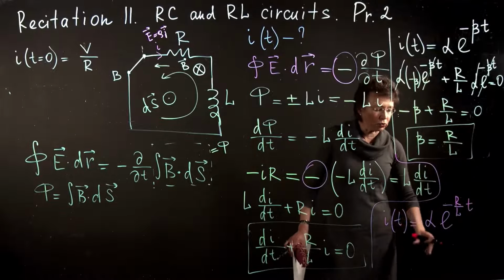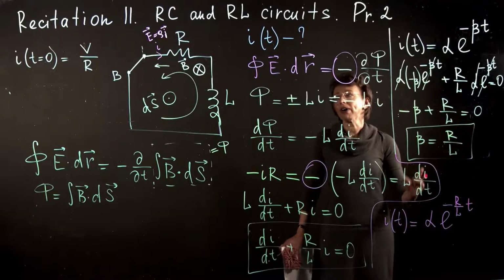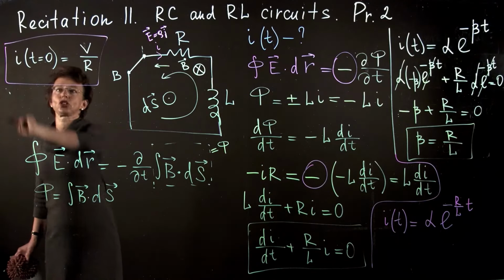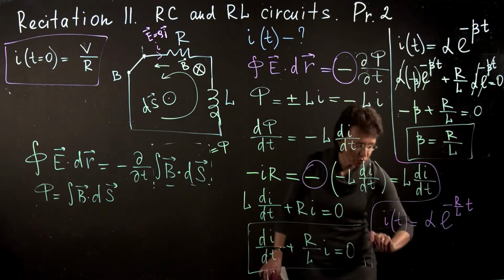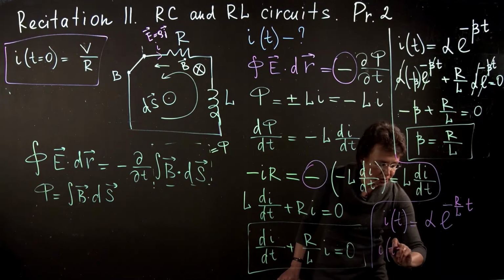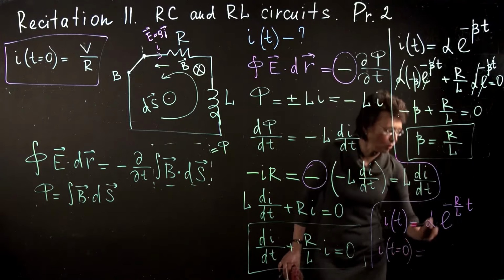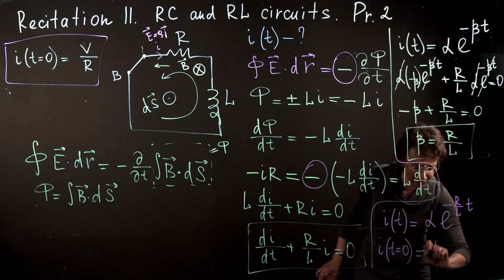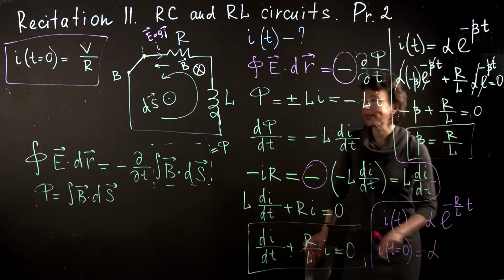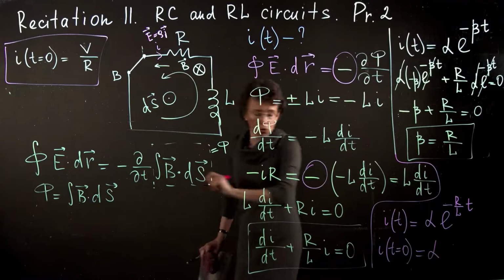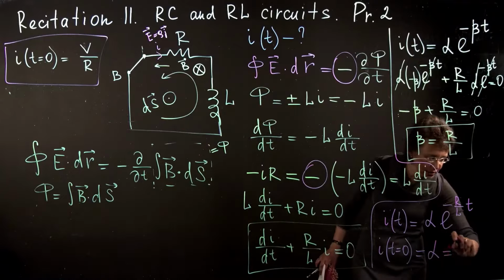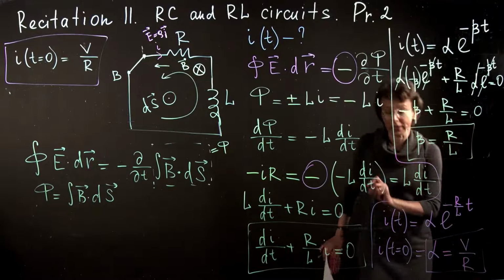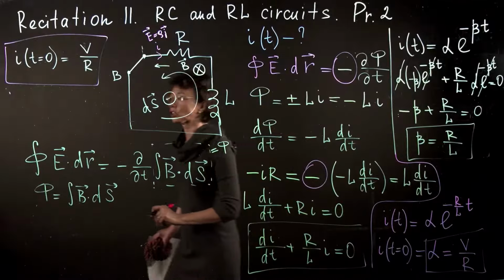Now let's find alpha. How do we find alpha? We find alpha from the initial conditions, and this is our initial condition. So current at time moment 0 is equal to, exponential function to 0 is 1, I have alpha. And at the same time, we know that it is v over r. So alpha is equal to v over r. We found alpha. Now we know current as a function of time.